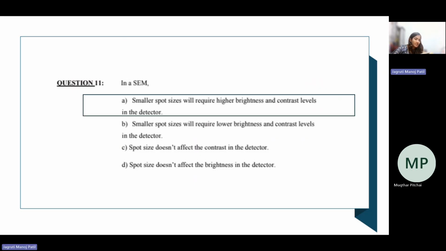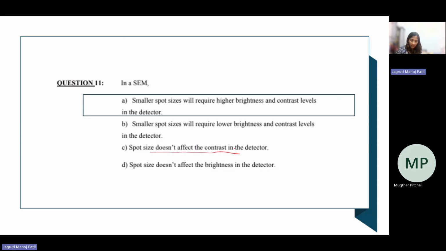If your spot size is smaller, the feature that you want to image is also of a small size. So you need more energy within that particular spot size. So you need more brightness, so more voltage, and hence you can detect the contrast levels in the detector that way.